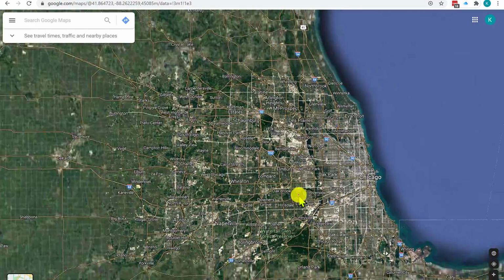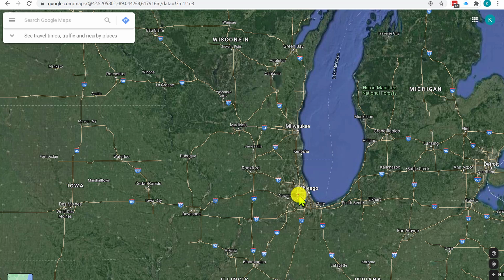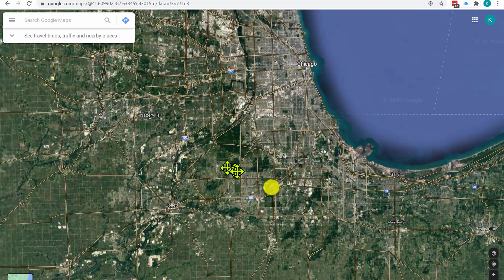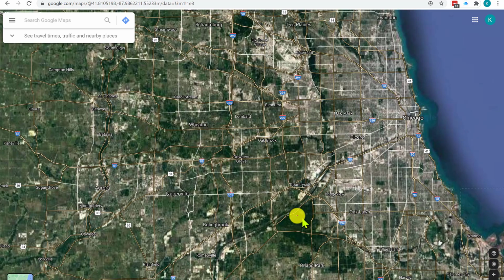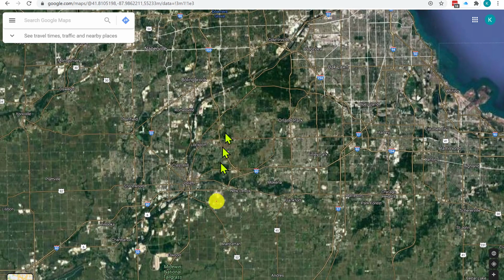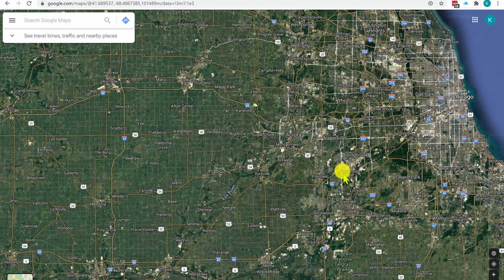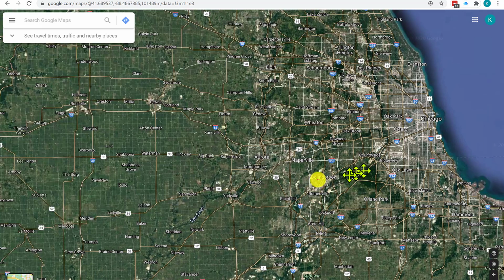You can't see it from outer space, but this is Lake Michigan over here, so that's what it's next to. Anyways, it's a huge facility. Anything you can find reasonably easily on Google Earth just by looking has got to be pretty large.